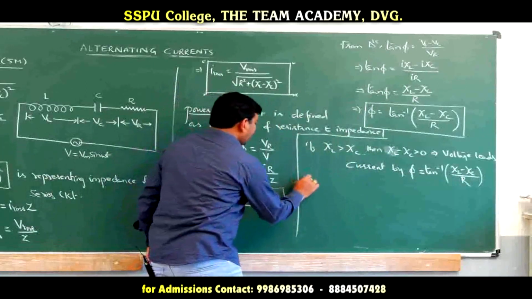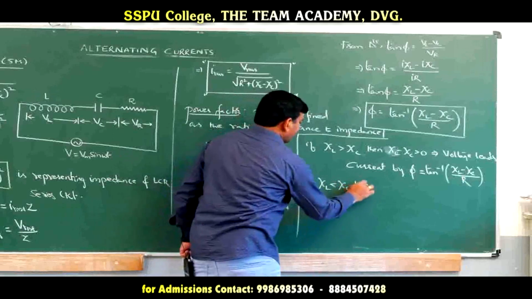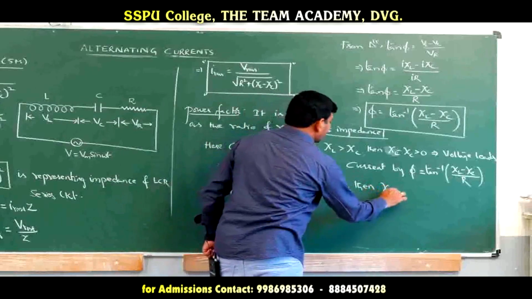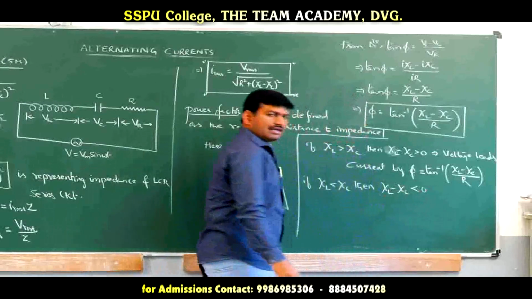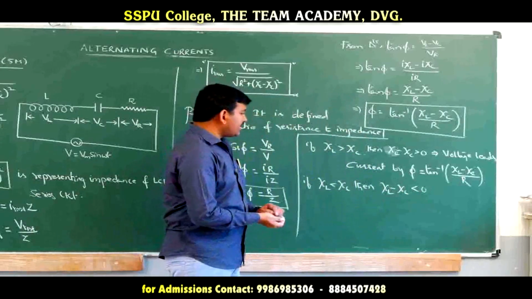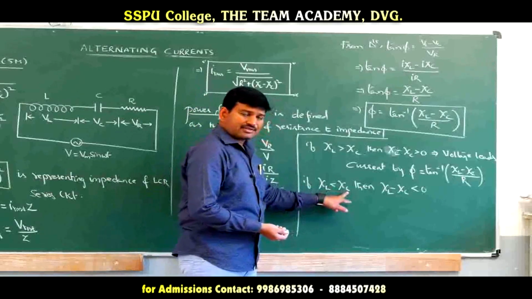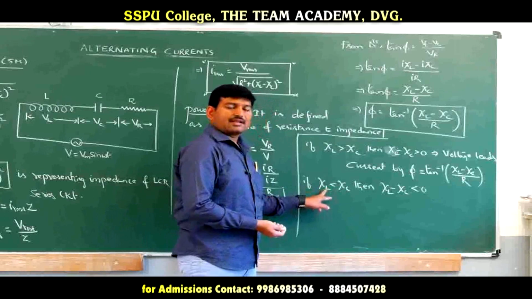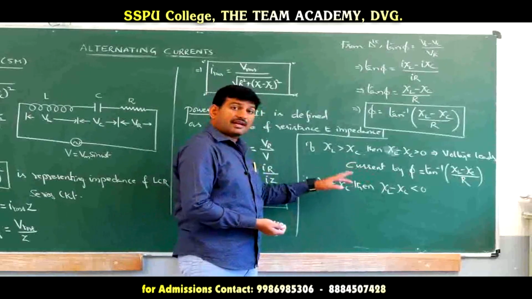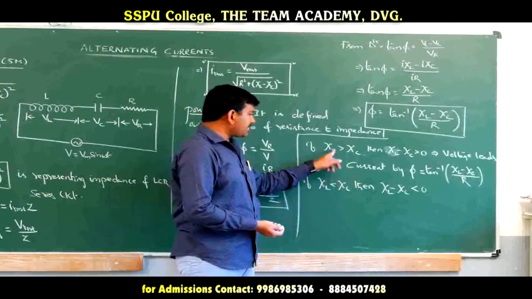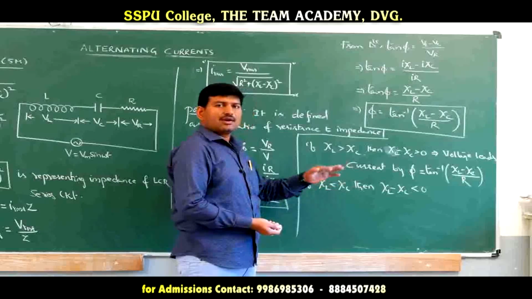Case 2. If chi L is less than chi C, then chi L minus chi C is negative or not? It is less than 0. Here in this case who is dominating? Capacitor effect is dominating the inductive effect. That means in the case of a capacitor, who is leading? In the case of a capacitor, current is leading voltage. In the previous case, voltage is leading current, but in this case, current is leading voltage.